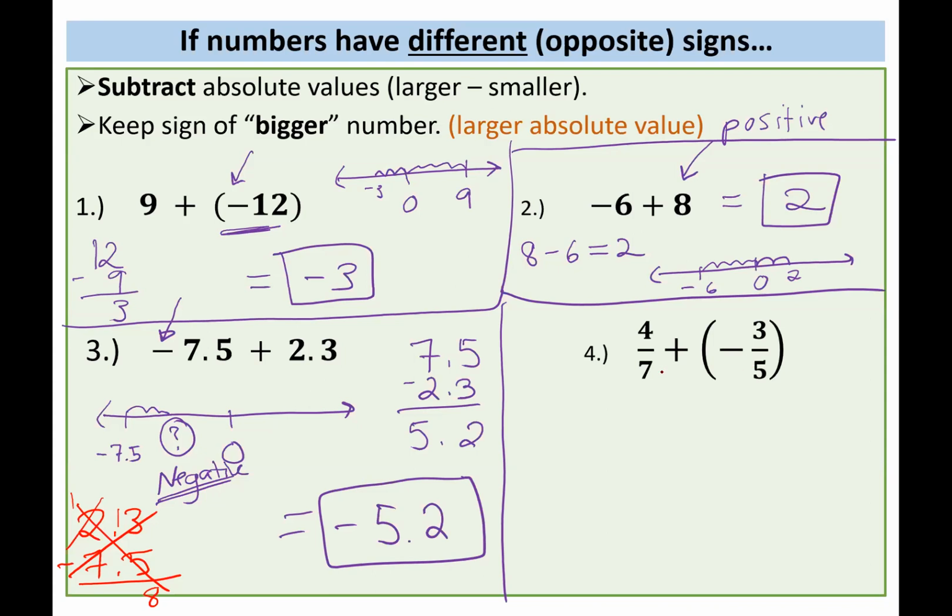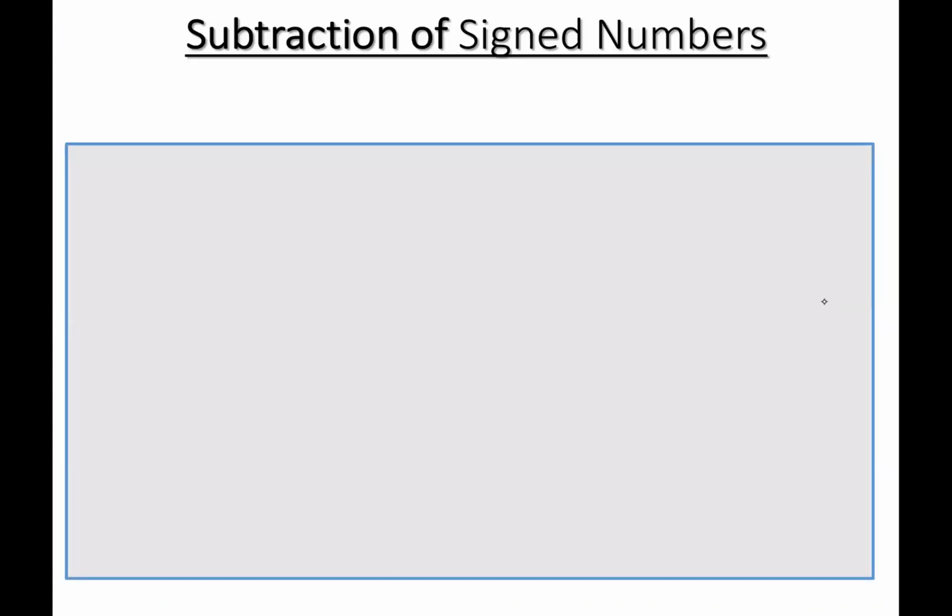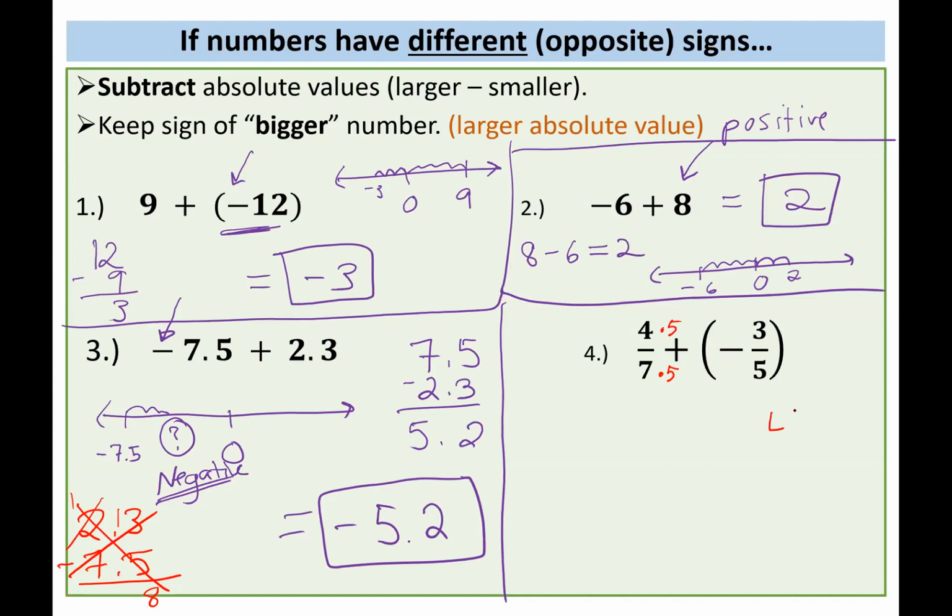So let's do 7 times 5 and get our common denominator of 35. Oops, go back. So our LCD, or common denominator, 7 times 5, 35. So I'm working on building up those fractions right now. For the 4/7, I multiplied by 5 over 5. So I can rewrite that as 20 over 35 plus.